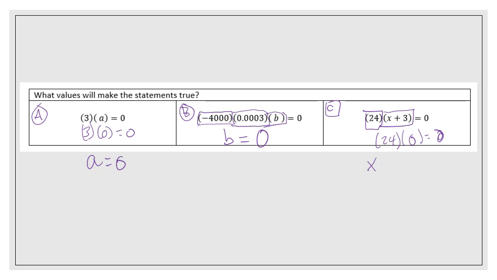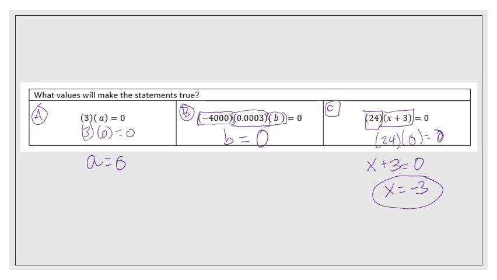So the factor of x plus 3 has to equal 0 in order for this statement to be true. So the question is, when does that equal 0? Well, when x is equal to negative 3.